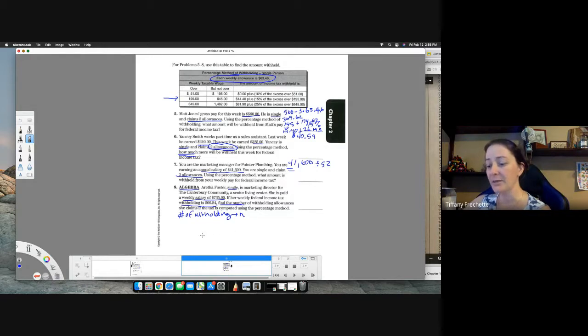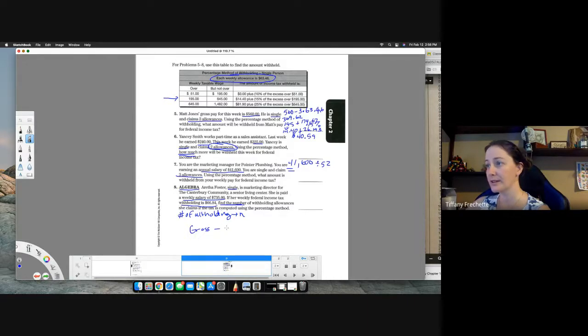And then we also know that her federal income tax, the amount she pays every week, is calculated exactly how we've done these last few. We have her amount. So let's see. This is her gross. So I'm going to say gross amount. So her gross pay minus her allowances, which we don't know the number of allowances.